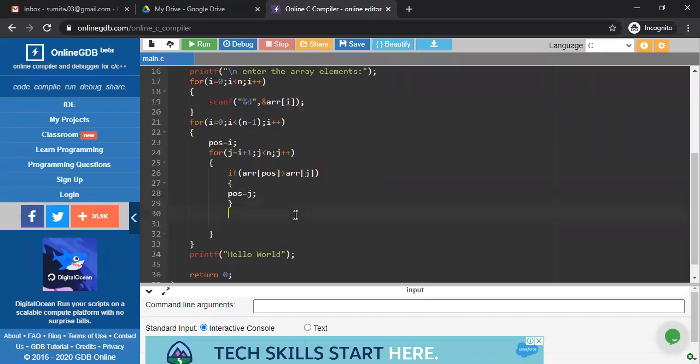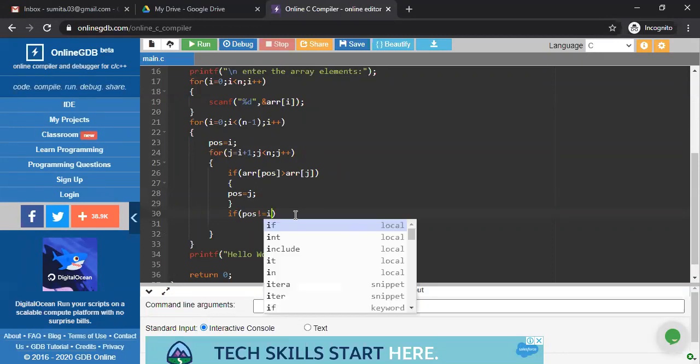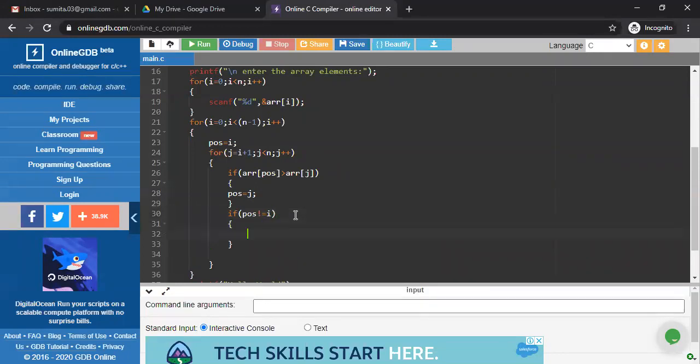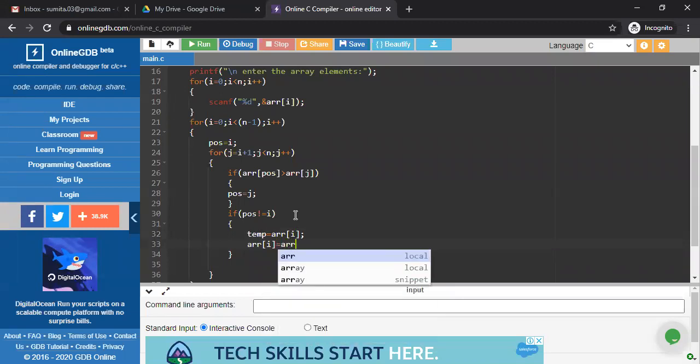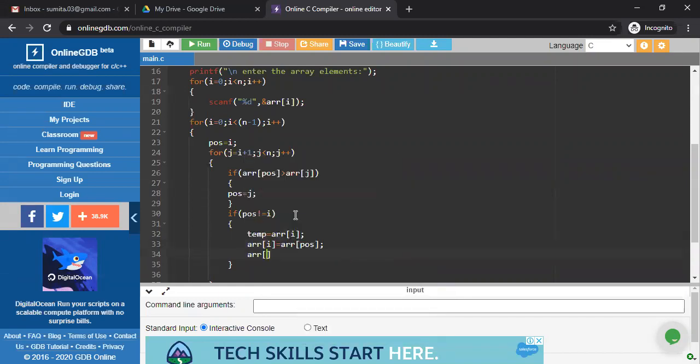So after that, I'm writing POS not equal to I, then temp is equal to ARRI, ARRI is equal to ARR POS, and ARR POS is equal to temp.